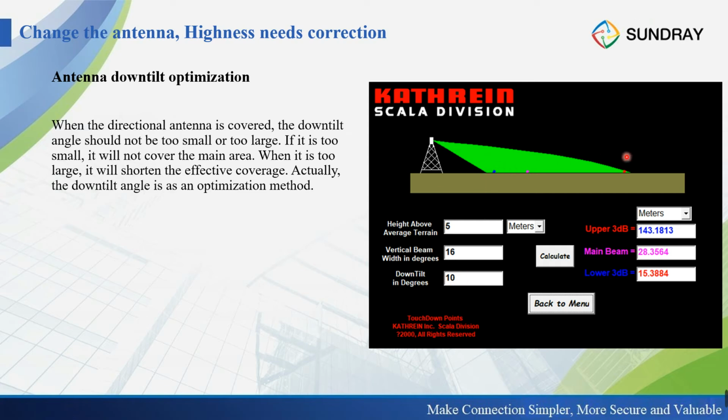Especially for outdoor APs, if we want to cover a longer distance, this downtilt can be smaller. But if you want to cover the area under the AP, near the AP, we need a bigger downtilt.